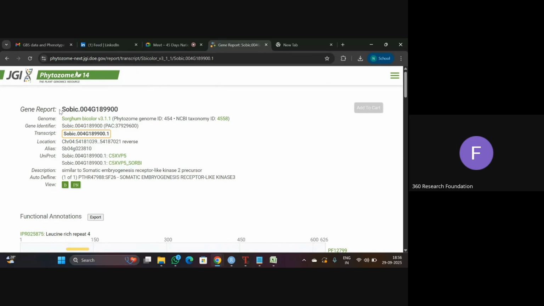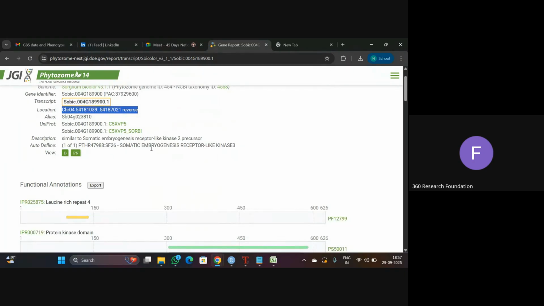After double clicking, this is the gene ID. Next it gives details with the genome assembly. This is the Phytozome genome ID 454. Then the location. Then this is the description.